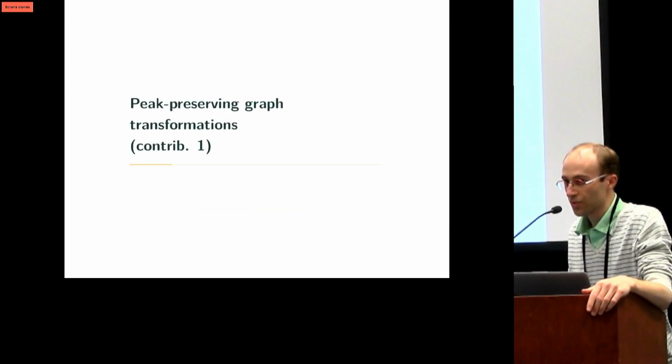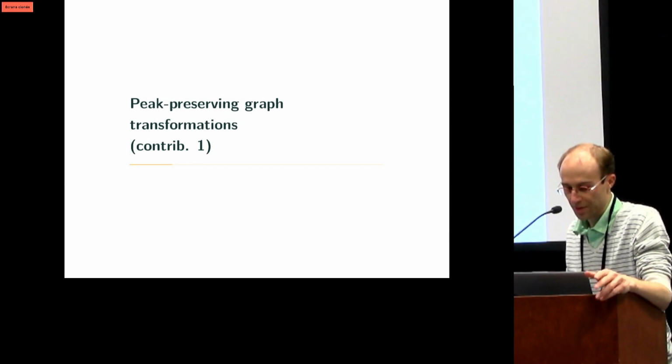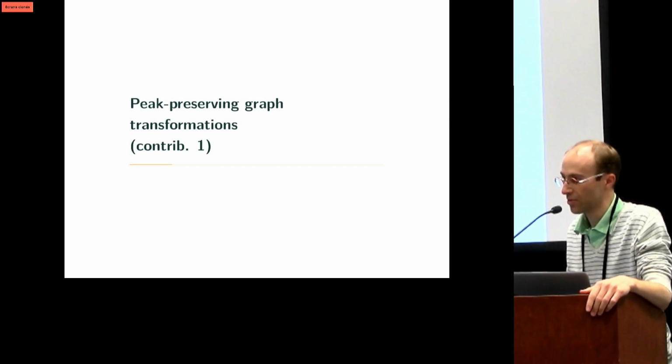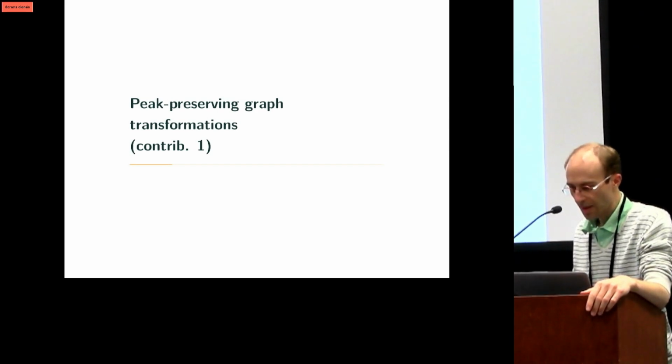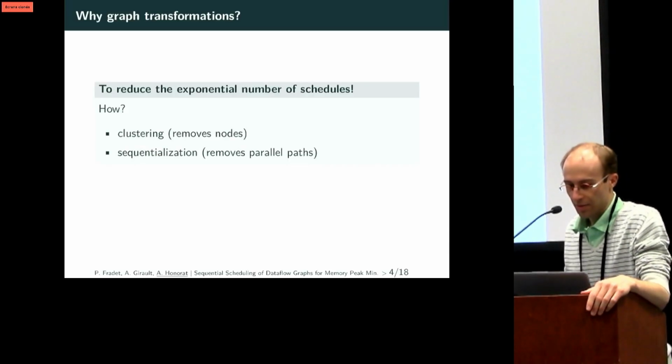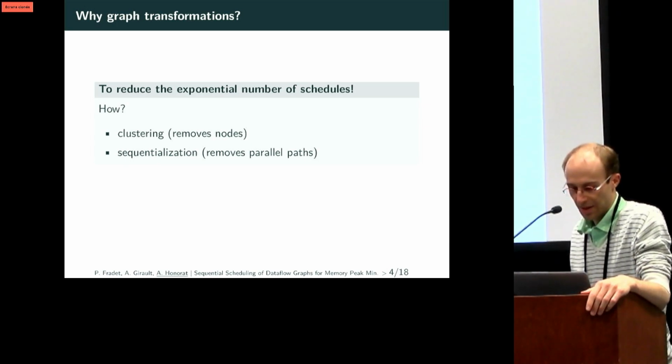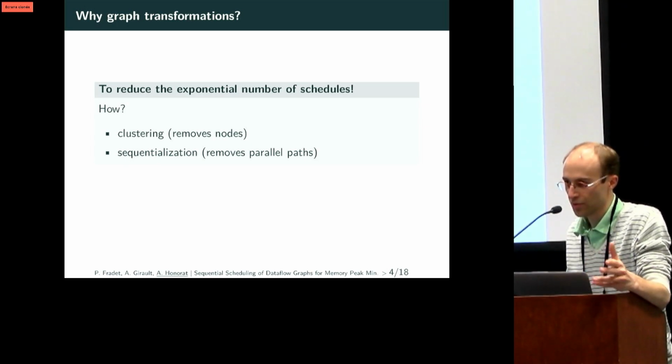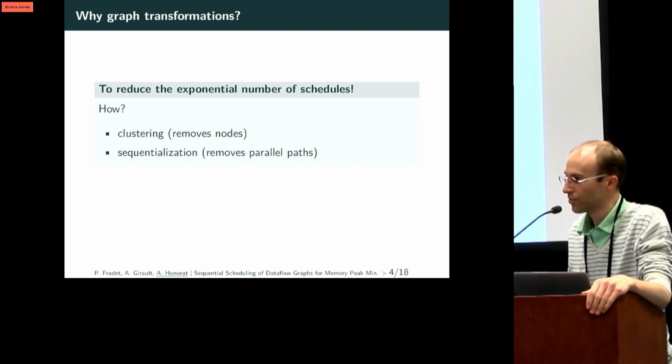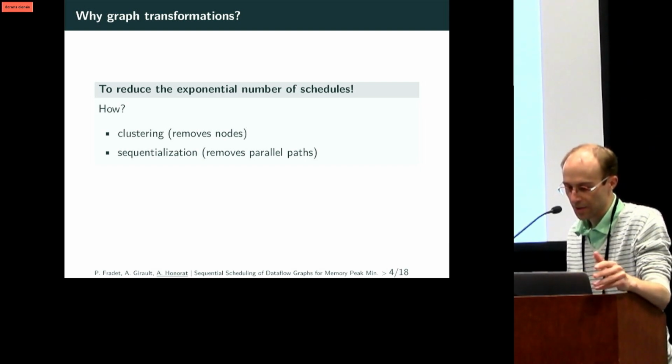To solve this problem, we have developed a small set of peak-preserving graph transformations. This is our main contribution. Why graph transformations? Because, as I said, if we want to compute the solution naively, we have to test all the schedules. So what we want to do is to reduce this number of schedules.